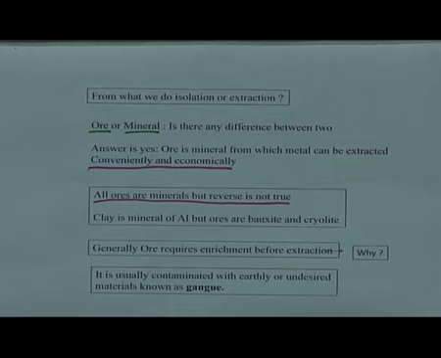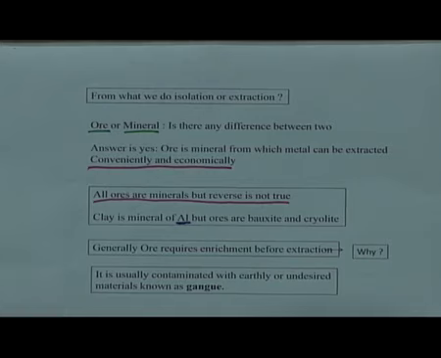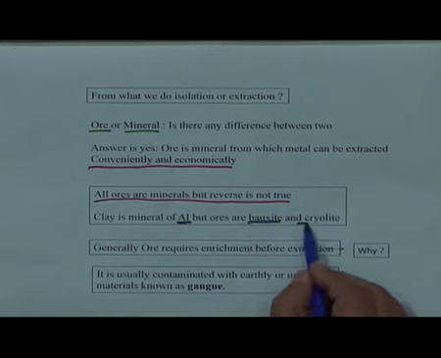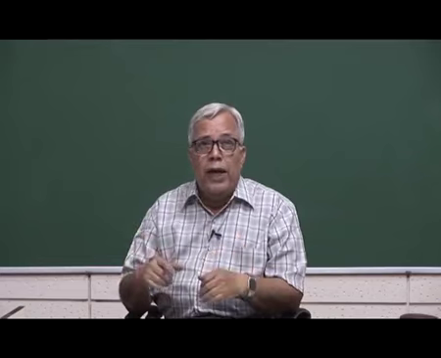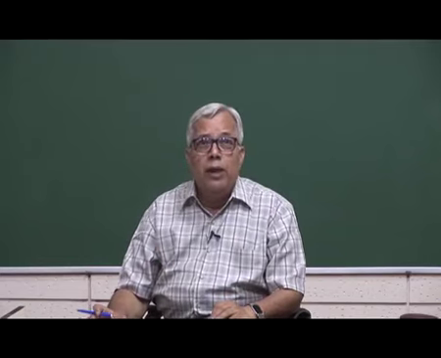If I give you an example, clay is a mineral which contains aluminium, but clay is not used for extraction of aluminium. What is used for extraction of aluminium is bauxite or cryolite. So, bauxite and cryolite are ores of aluminium, whereas clay is only a mineral.